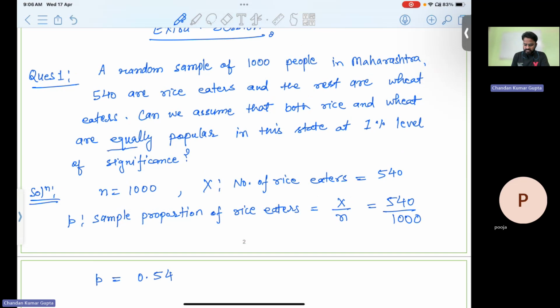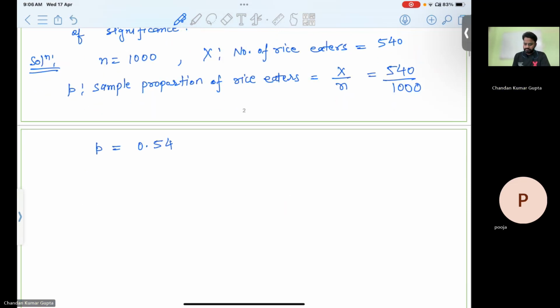Since it is given equally popular, that is both are equally probable, both have a proportion 0.5.